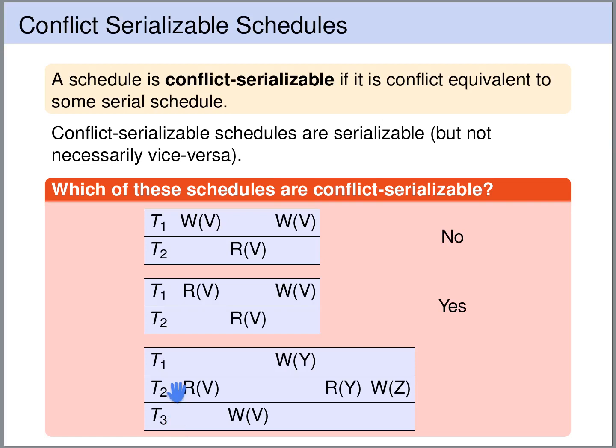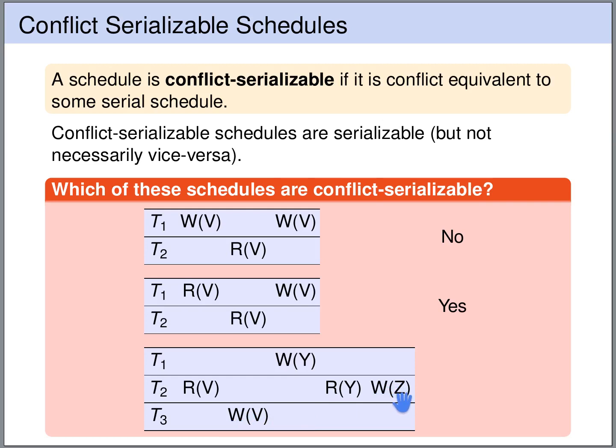And as we said, T2 must be before T3. So the question is, can we swap this write of v all to the end? So this write of v, and here we have a read of y. So these two are not conflicting, so we can swap these two. And then we have a write of v and a write of z.